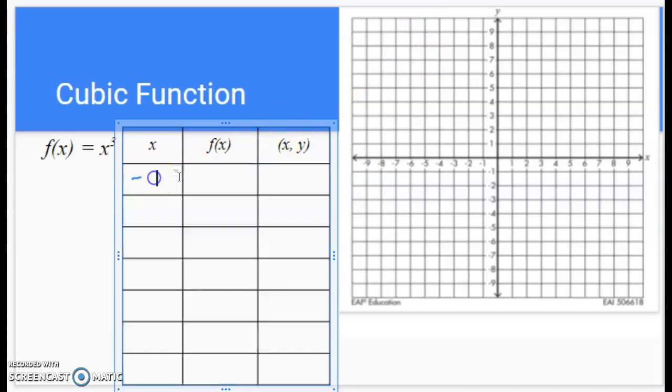So right here we could have a -3, and the cube of -3, so you're doing -3 times -3 times -3. Your answer would be a negative. So right here we're going to have -27, because 3 times 3 is 9, times 3 is 27, and that would be negative.